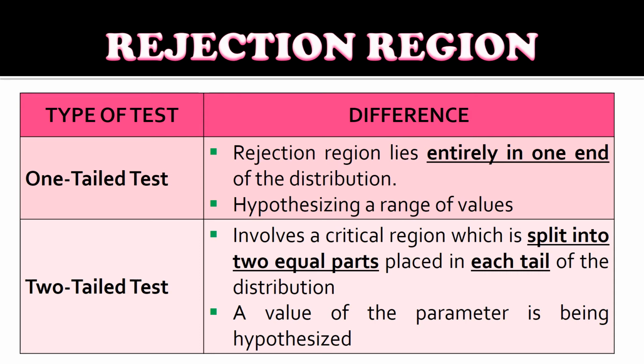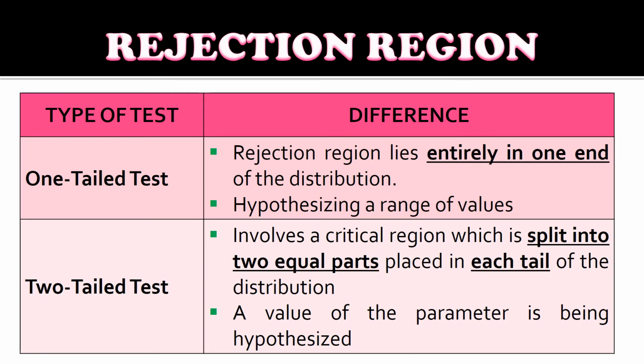For the rejection region, on the left side we have the type of test and on the right side the difference. For a one-tailed test, the rejection region lies entirely in one end of the distribution. So it's either on the left side or on the right side, hypothesizing a range of values.